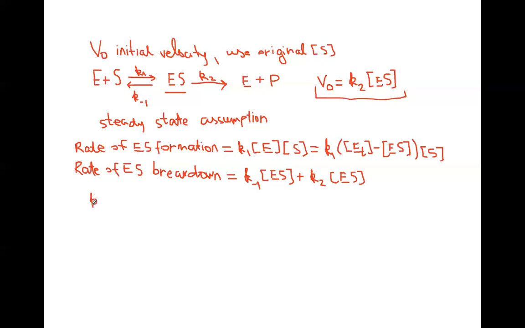So we take the rate of the formation, which is this parameter, K1 times enzyme total minus enzyme bound to the substrate, times the initial substrate.